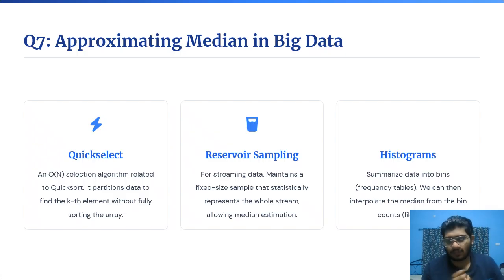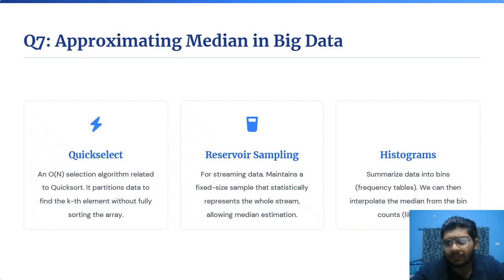It doesn't sort the whole array, but to find the element we are looking for, it separates the data into parts and then searches for the kth element. Reservoir sampling for streaming data maintains a fixed-size sample that statistically represents the whole stream, allowing median estimation. So this is how reservoir sampling works.